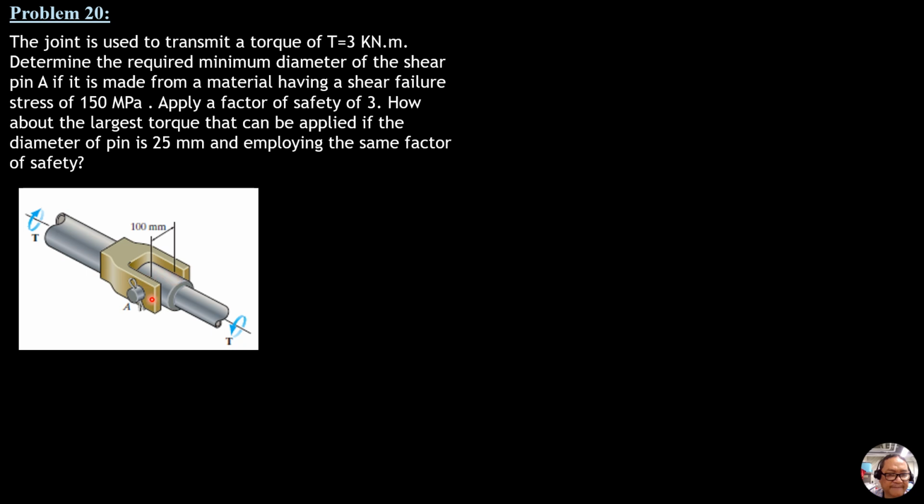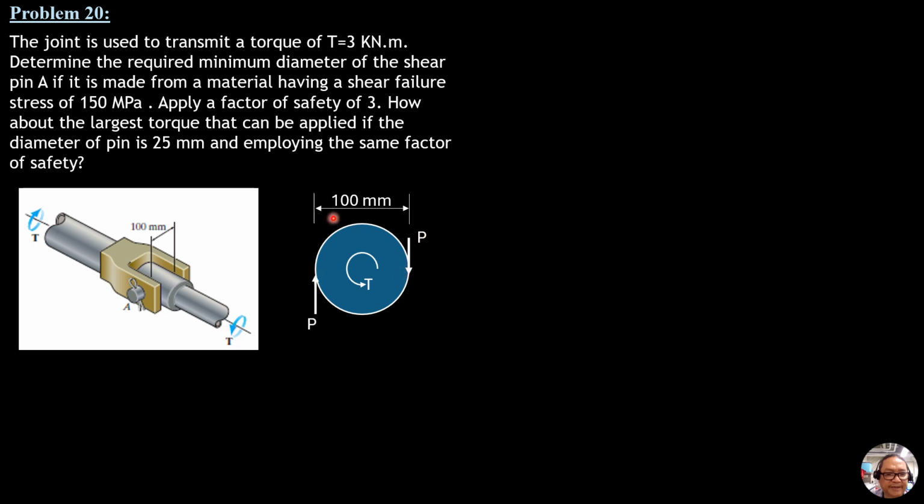Let's draw the FBD so that we can analyze the force that will be transmitted to this pin. So this is the free body diagram. The torque is, let us say, this one, applied counterclockwise. So the moment of this pin reaction should be opposite to that, clockwise, as shown.